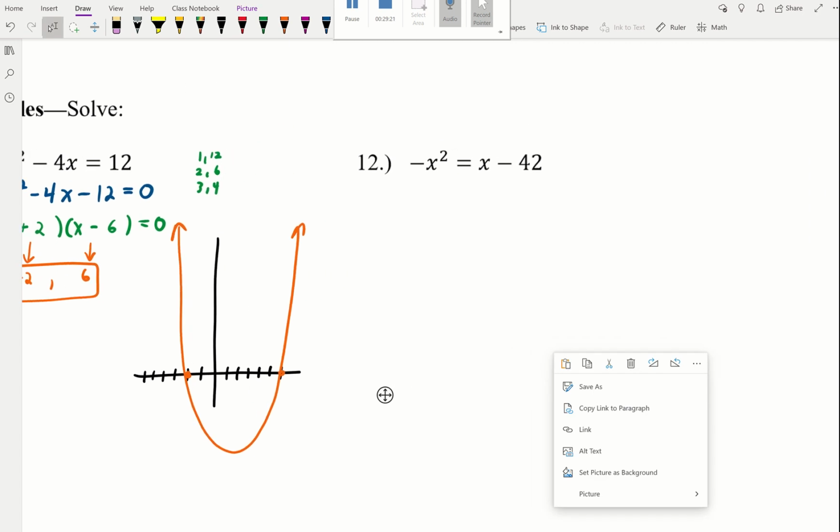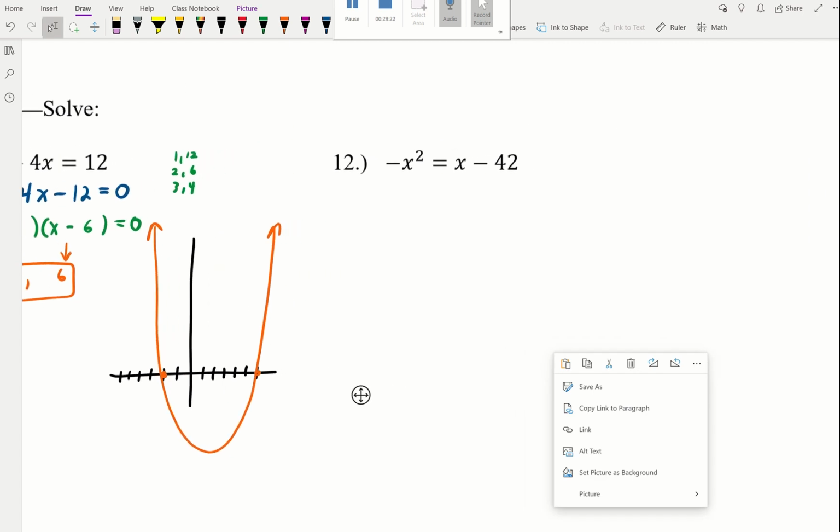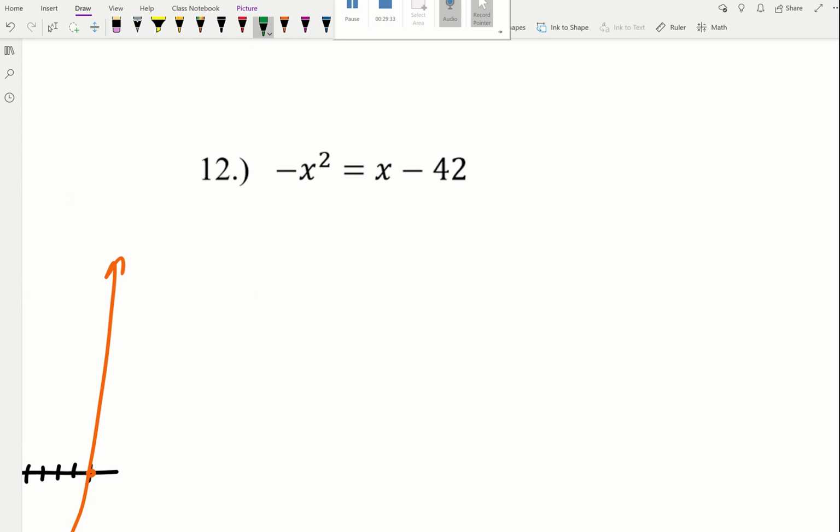Now, with this problem we have a couple choices. This could actually look a couple different ways depending on how we wanted to approach it. In order for us to solve the equation, we need the equation to equal 0. Given the choice, I always want my x squared to be positive.